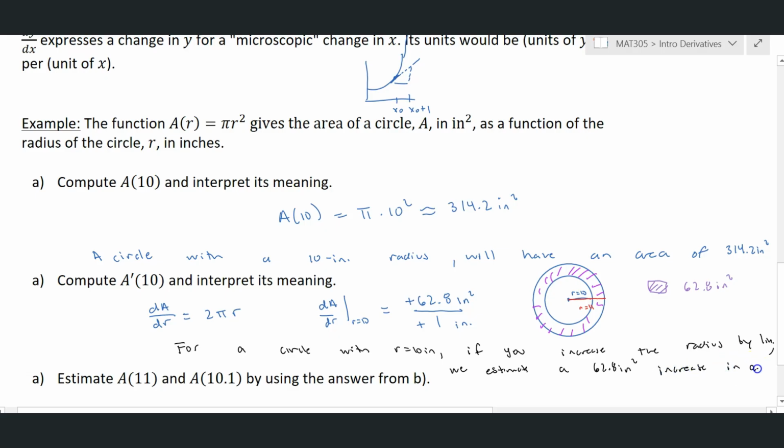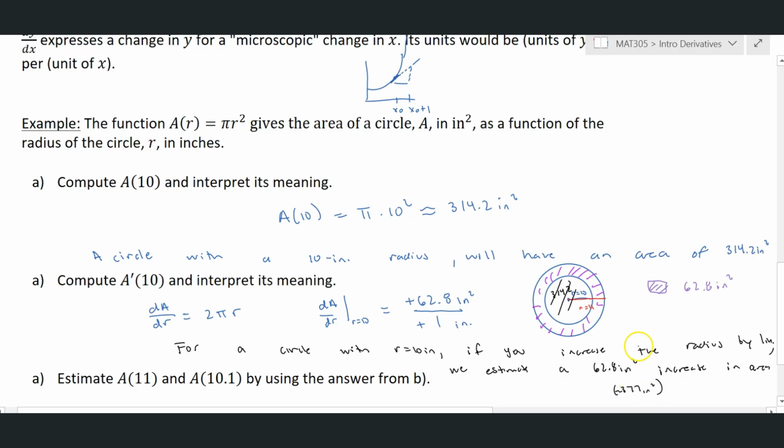in area. So basically, if you took 314.2 square inches, which is the area of this circle here, and you added the increase to it, that would give you, let's see, 377 approximately square inches.